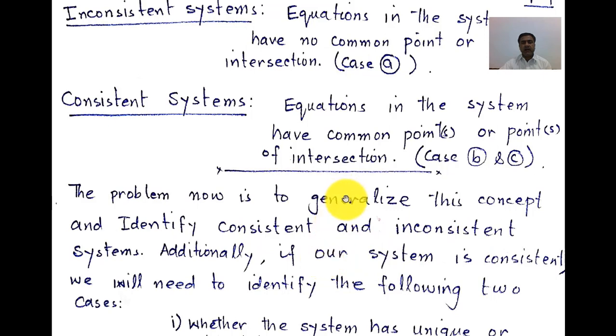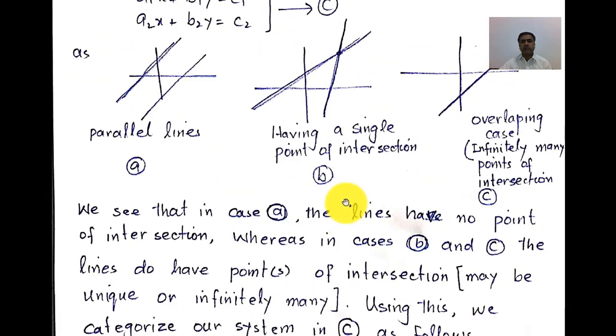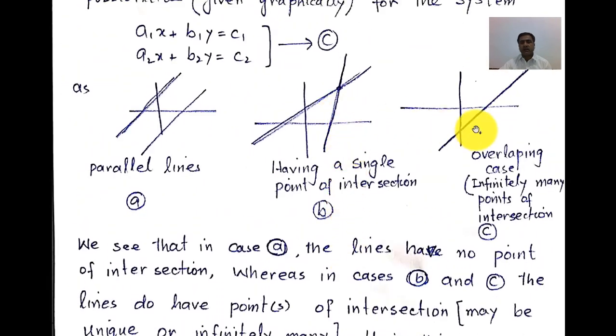If I go back to this case, here I have a consistent system, but the difference between these two consistent systems is that here I have a unique point of intersection, whereas in the other, once again a consistent system, there are infinitely many points of intersection.